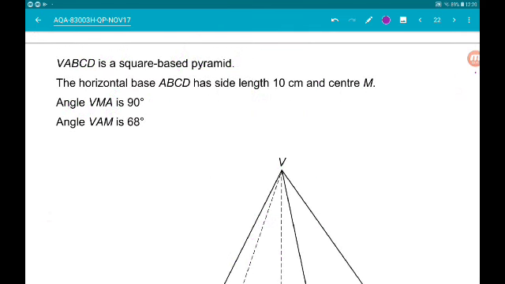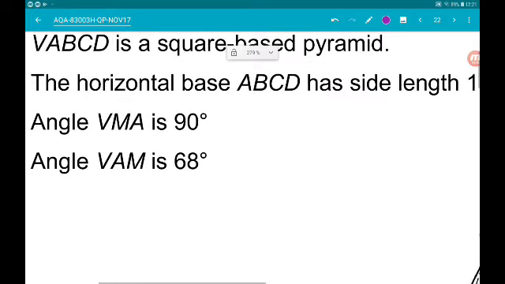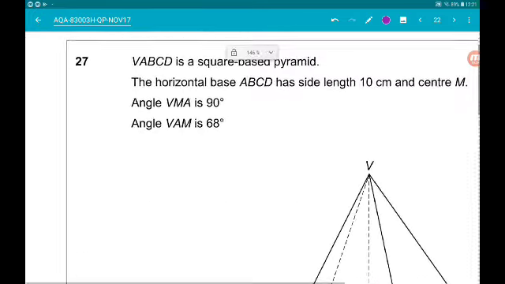Okay, question 27, we got trigonometry inside of a 3D shape. So V, A, B, C, D is a square-based pyramid. The horizontal base, A, B, C, D, has side lengths of 10 and centre M. We're told that angle VMA is 90 degrees.